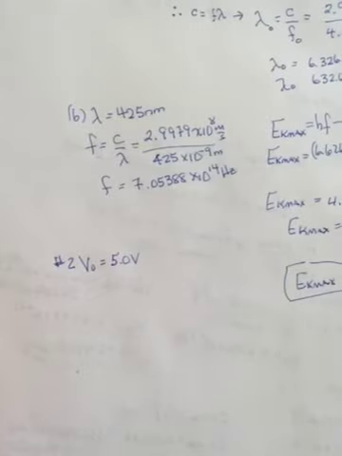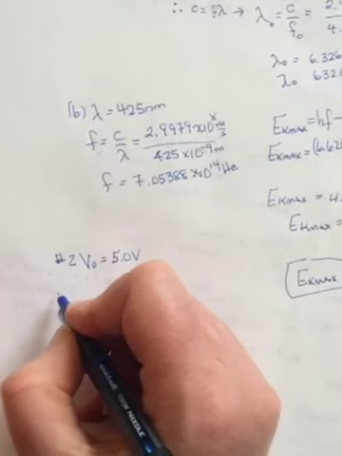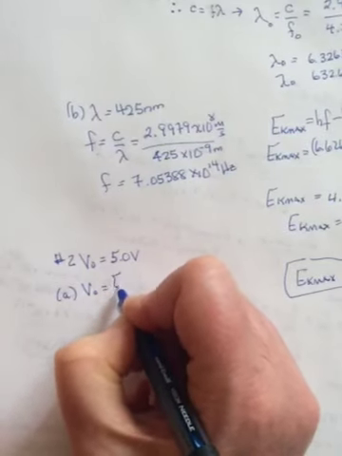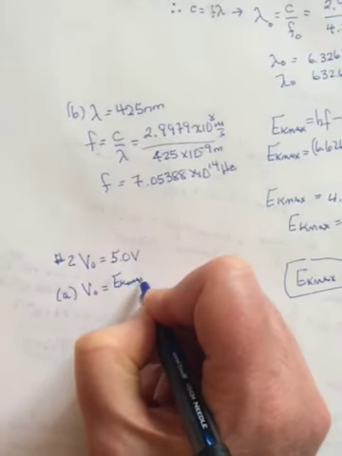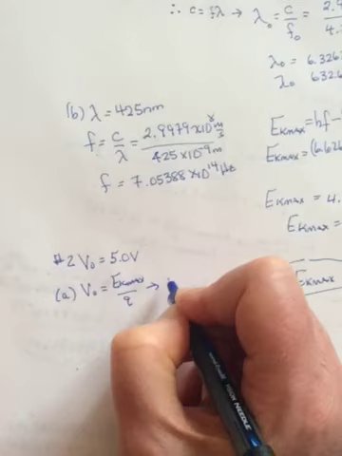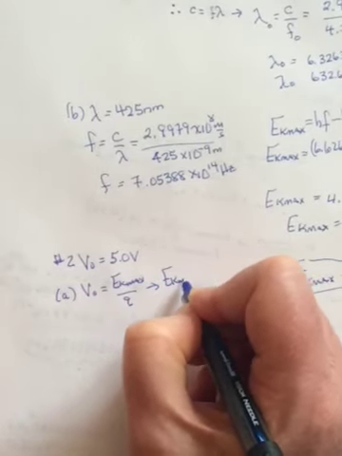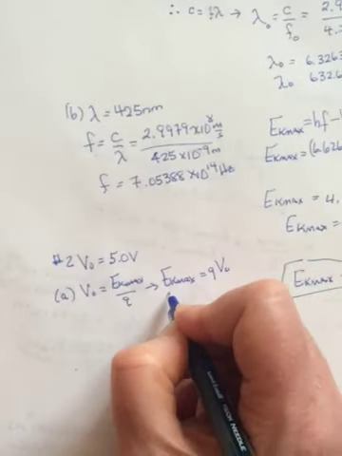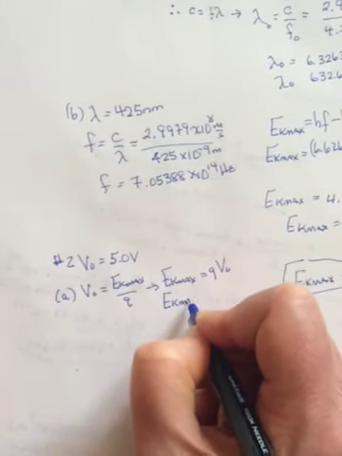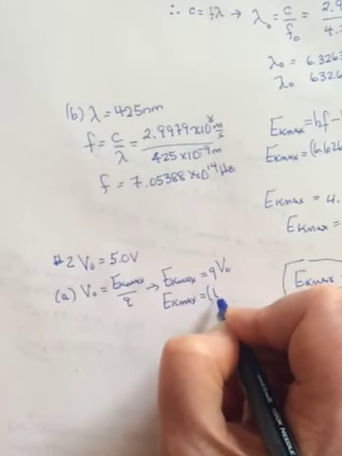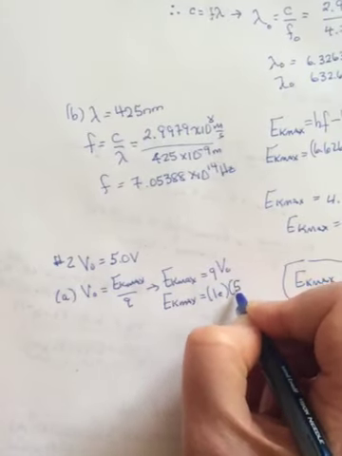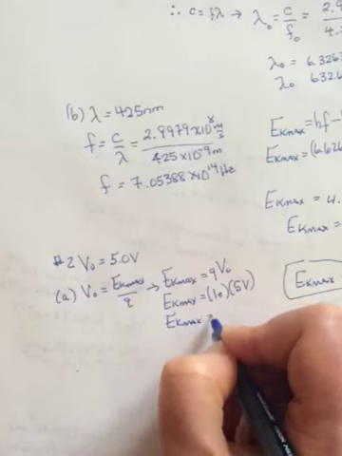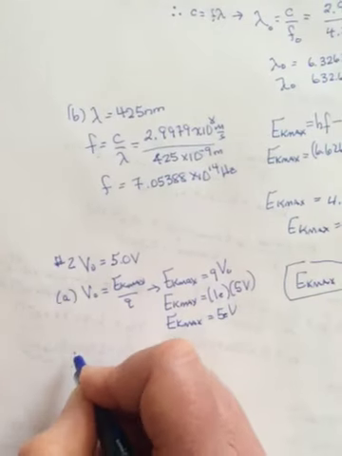What is the maximum kinetic energy in electron volts and in joules? So VO equals EK max over q. So EK max is equal to qV. Well, in electron volts, it's really easy because q is just 1 e and V is 5 volts. So EK max is equal to 5 electron volts.